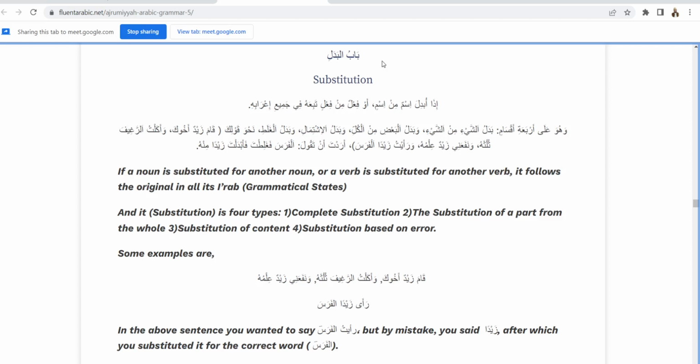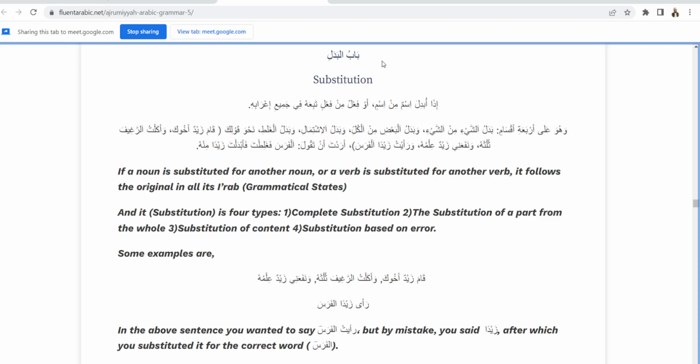Some examples are: قام زيد أخوك, وأكلت الرغيف ثلثه, ونفعني زيد علمه, ورأيت زيدا الفرس. In the last sentence, you wanted to say رأيت الفرس, but by mistake you said زيدا, after which you substituted it for the correct word al-farasa.